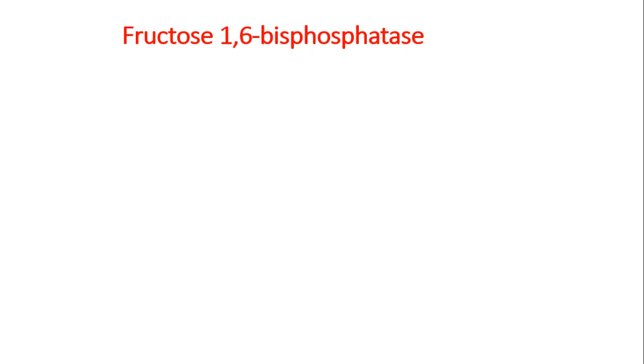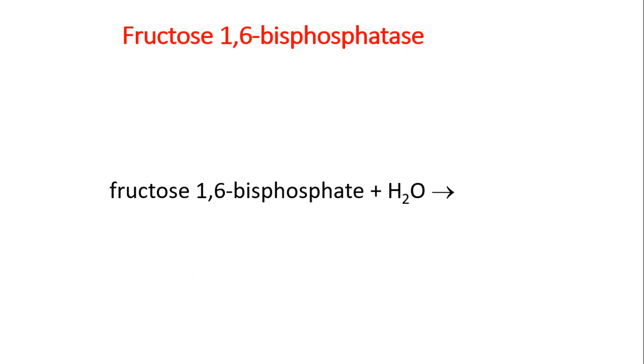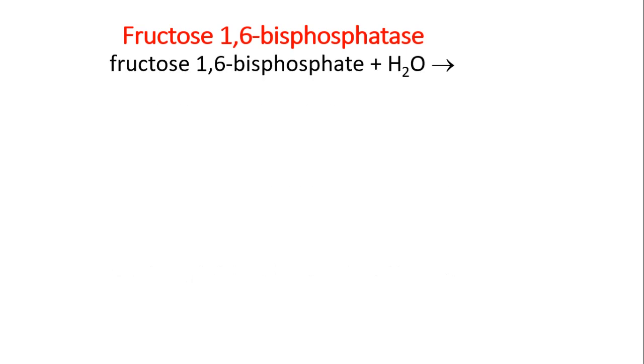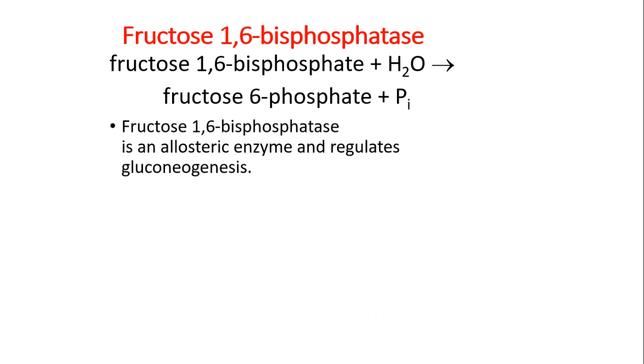The other enzyme we can look at is fructose 1,6 bisphosphatase. So fructose 1,6 bisphosphatase plays a role in the conversion of fructose 1,6 bisphosphate plus water to give us fructose 6 phosphate and a phosphate group. It is an allosteric enzyme and it normally regulates gluconeogenesis.